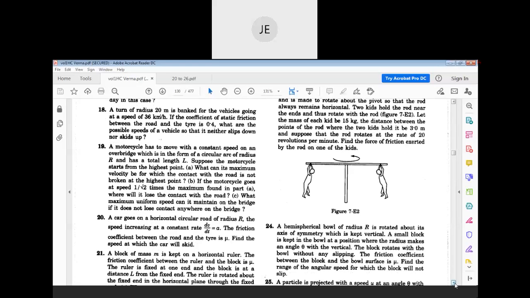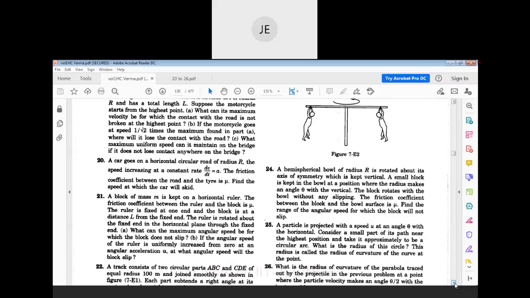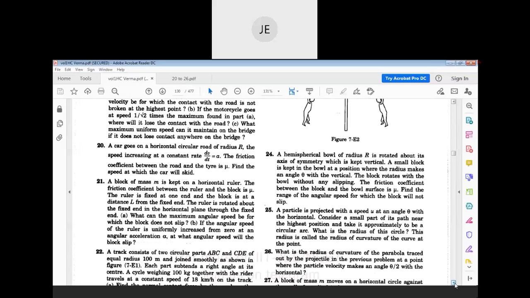The next, a block of mass m is kept on a horizontal ruler. The friction coefficient between the ruler and the block is mu. The ruler is fixed at one end and the block is at a distance L from the fixed end.